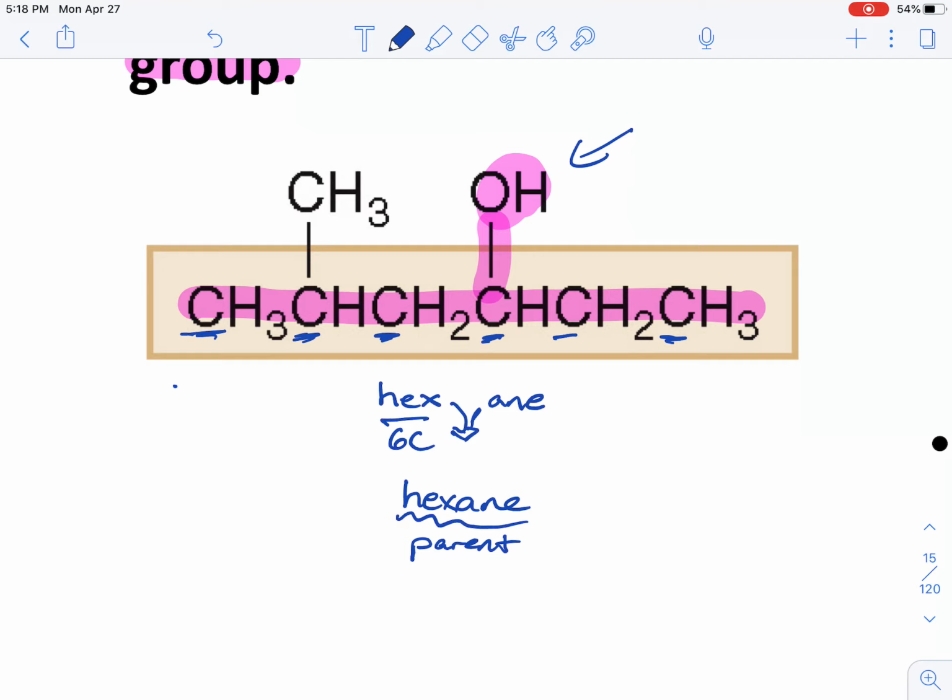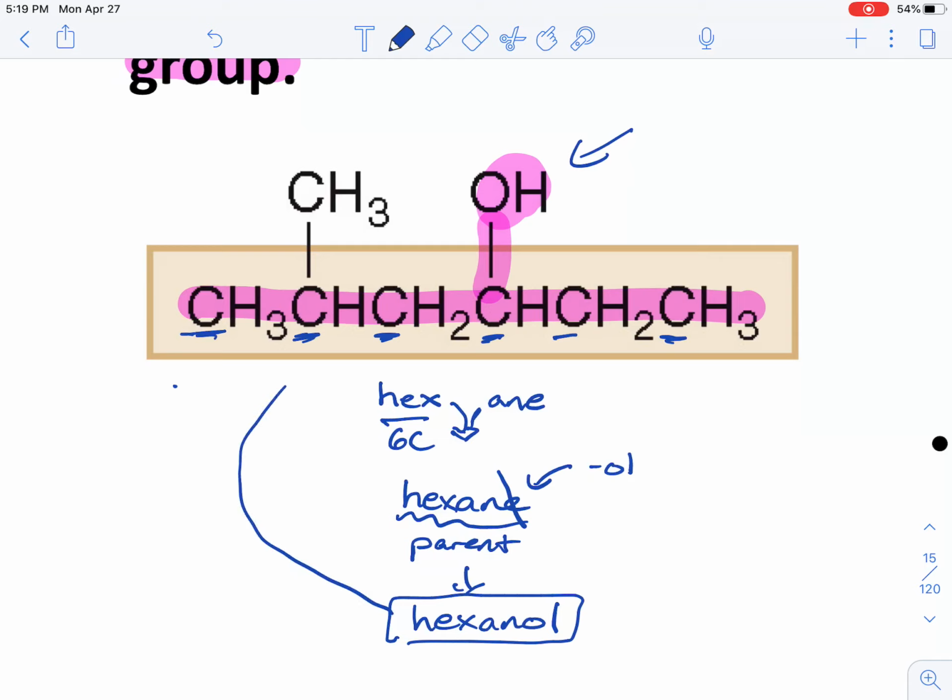To include the alcohol in the parent name, we're going to cross out the E and then add an OL suffix. Overall, what we get is hexanol. This would be the name of the parent structure that I highlighted.